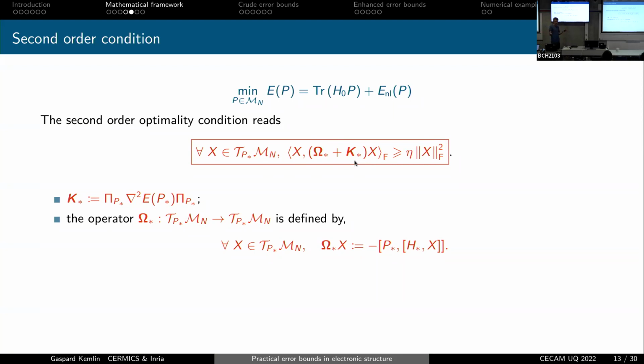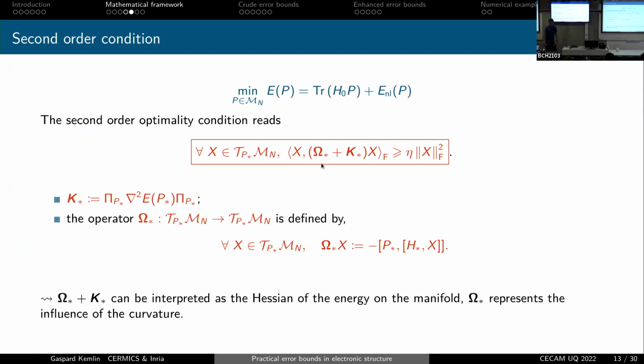If we had an unconstrained minimization problem, at a minimum the Hessian of the energy would be positive definite. Here we are working on a constrained minimization problem, so an additional operator appears that takes into account this constraint. We call it omega, and here is its explicit definition. It's not really important, but this operator omega plus K will be at the heart of our presentation. So it's just a classical second order condition for minimization problems, to which we also added the fact that we have to stay on a manifold.